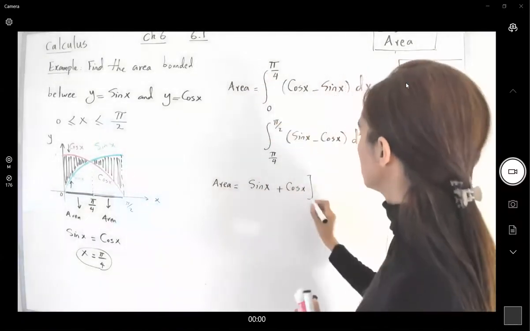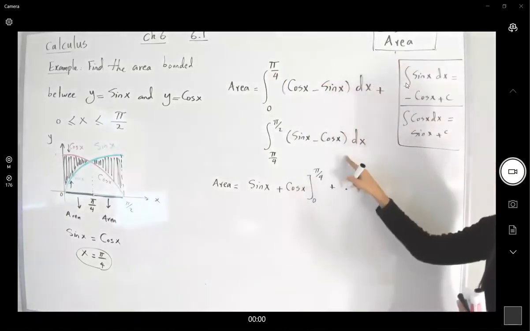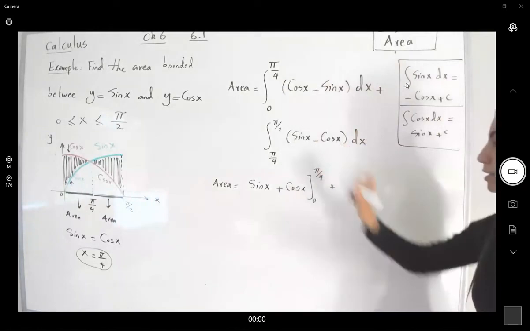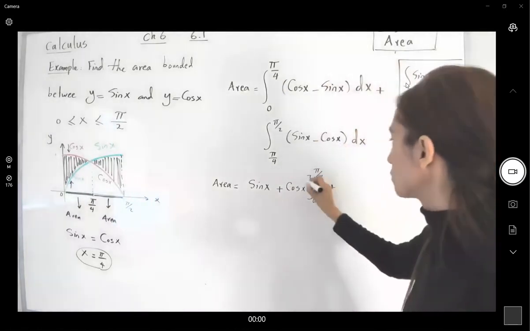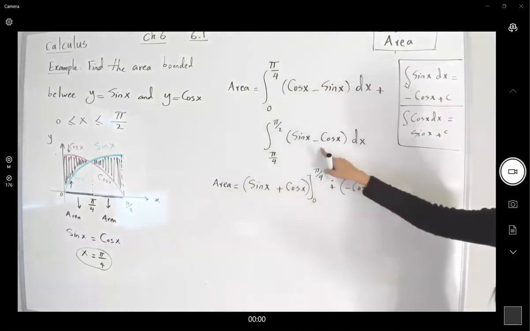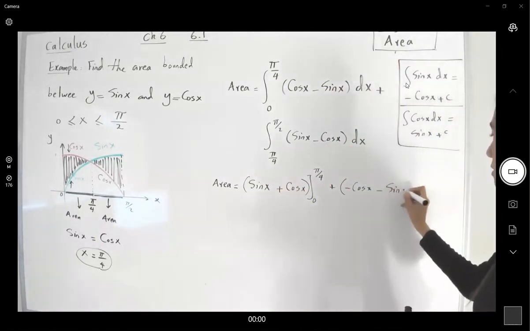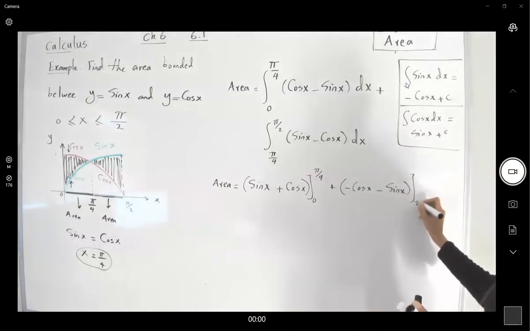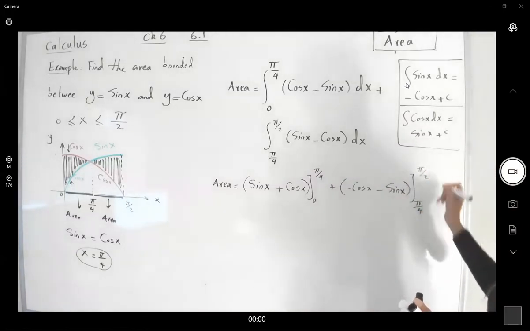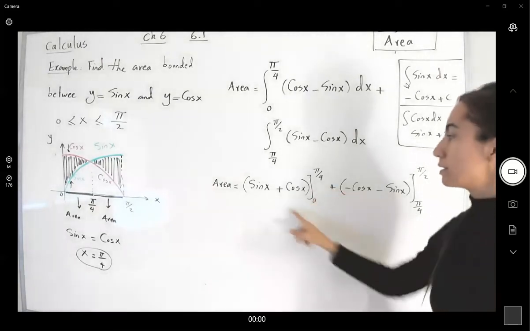My x is bounded between 0 to pi over 4, plus the second one here, the integral of sine is negative cosine, so negative cosine x, and the integral of negative cosine is going to be just minus sine x, from pi over 4 to pi over 2. Okay, the rest is just plugging in pi over 4 and then 0.